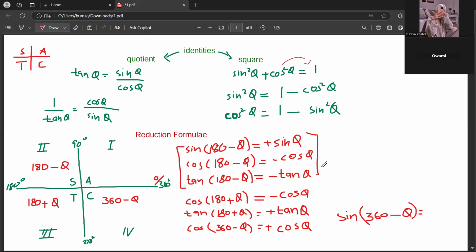Yes, try Awami. Sine 360 minus theta, what will be the reduced angle be?